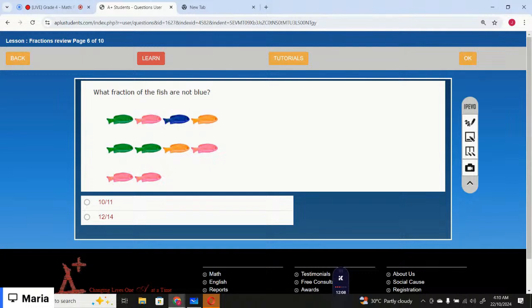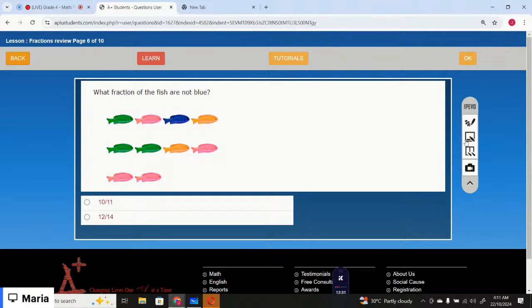You have only one blue fish, right? The rest of them are not blue. So the rest of them are 9. That would be 9 out of 10, right? But you are not given the correct option over here. So 9 of them are not blue. 9 out of 10 is the correct answer, but it is not given as an option.